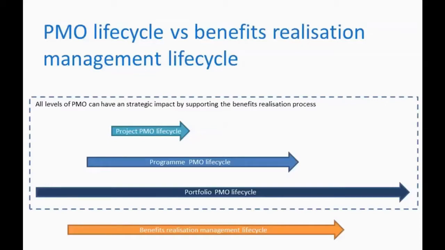Then we have the program management offices in the intermediary layer, and a program delivers change related to the strategic objective and to the realization of one or a few end benefits. The bottom layer is composed by the project management offices, and each of the project deliveries enables the realization of one or a few benefits, although most times such benefits will be realized only after the project closure.